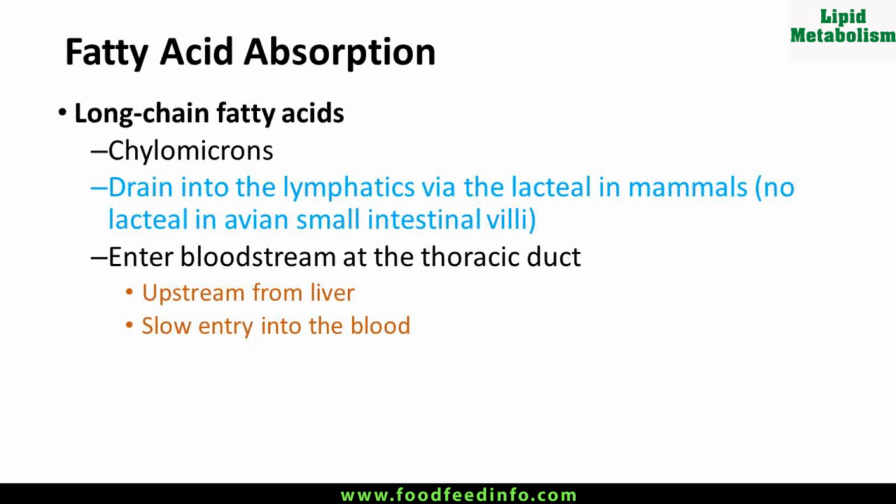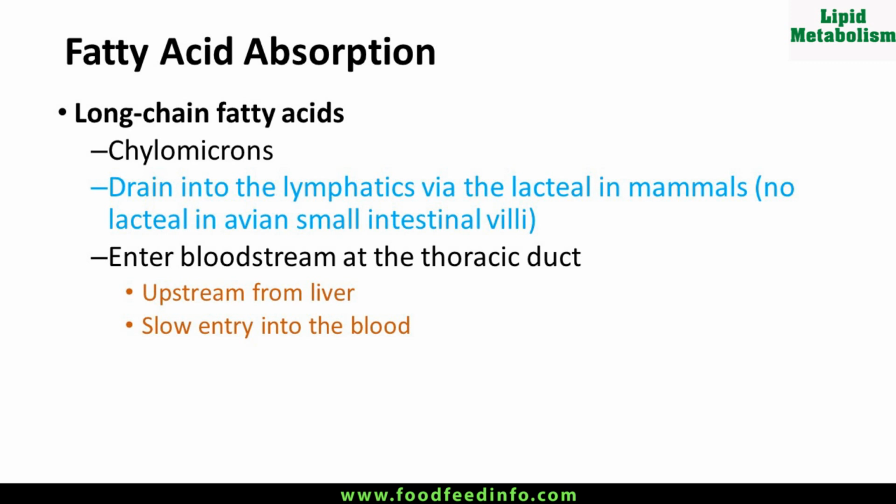Whereas the long chain fatty acids are repacked into chylomicrons. These chylomicrons are then drained into the lymphatic system via the lacteal in case of mammals, whereas in avian species or poultry birds, there is no lacteal. They are directly attached with the proteins and transported to the liver in the form of lipoprotein.